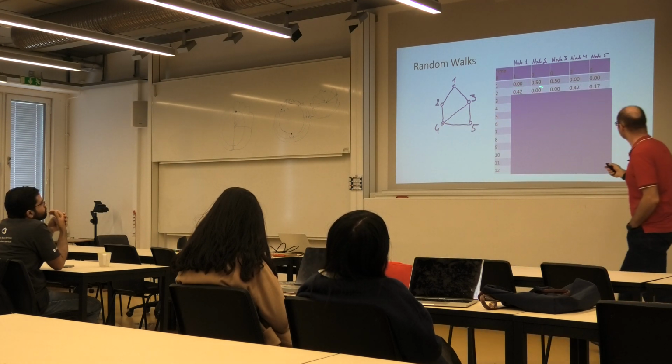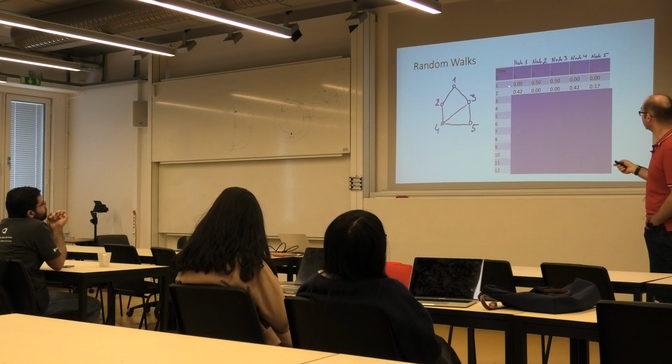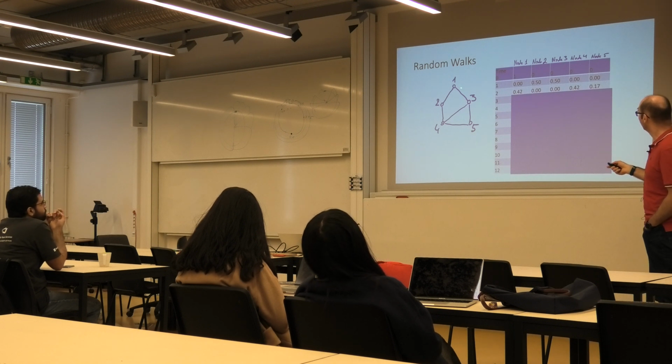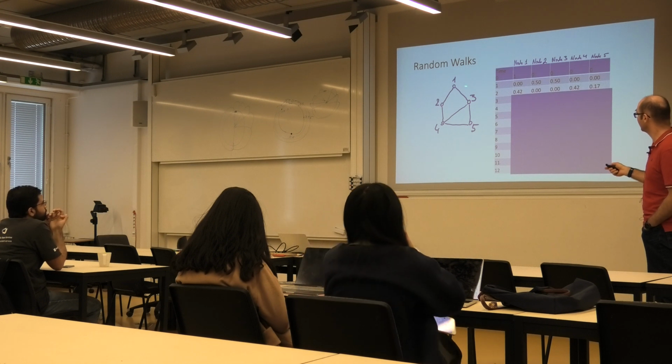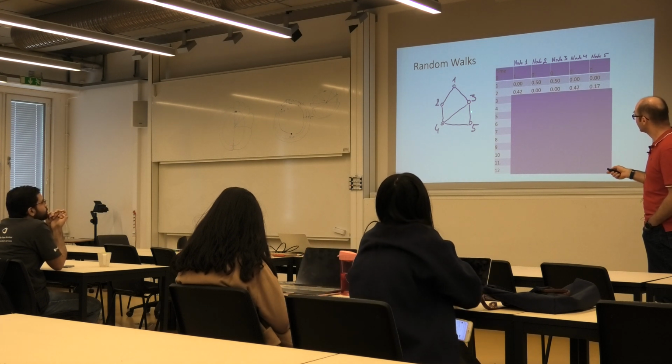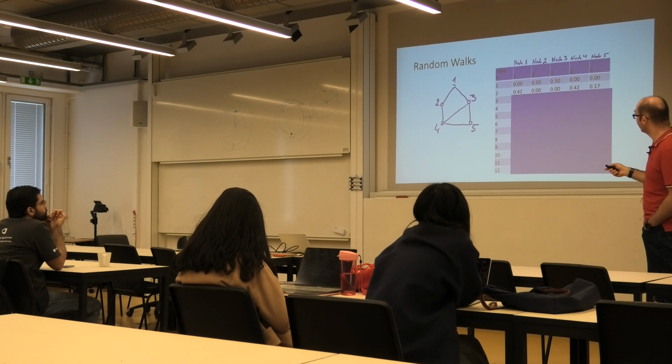So the probabilities would be the following. At the second time step, for sure it will be neither node 2 nor node 3, because we had to leave them. So we will either come back to 1, and we could have come back to 1 either from 2 or from 3. So we had to calculate half times half plus half times a third, and that will give us this number.